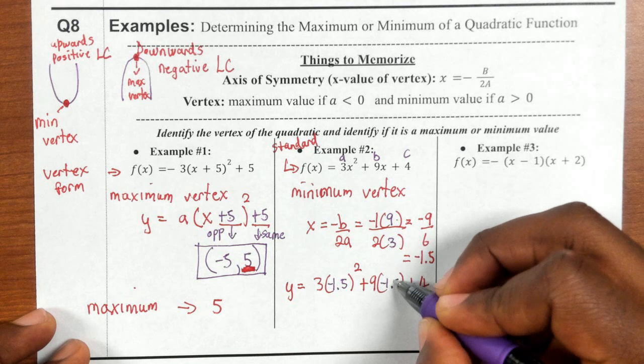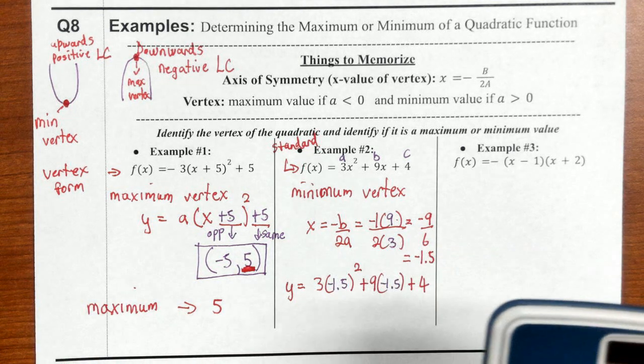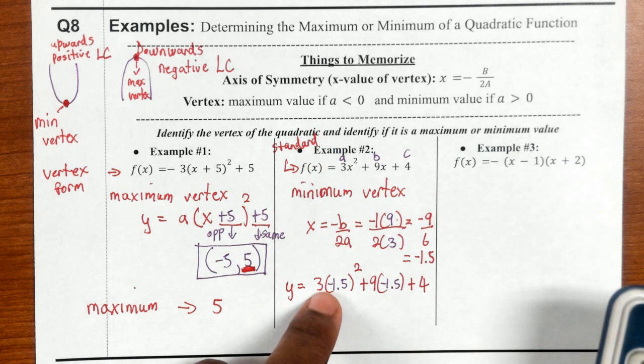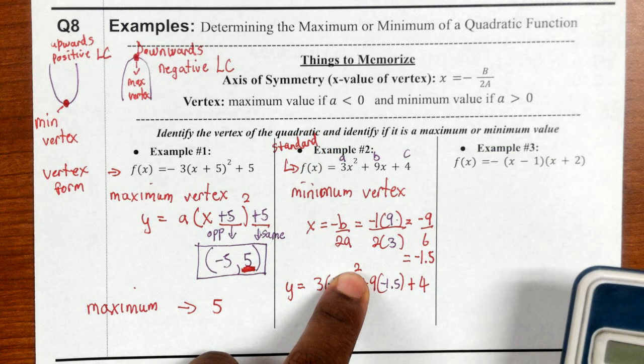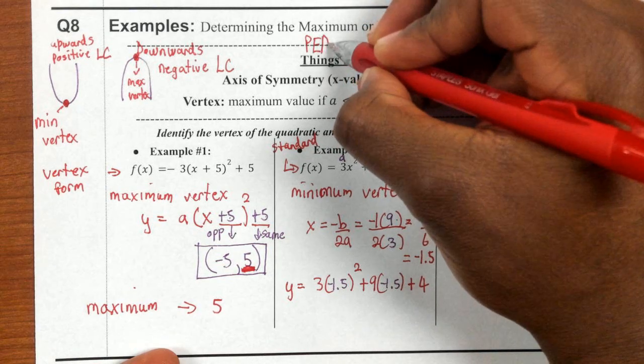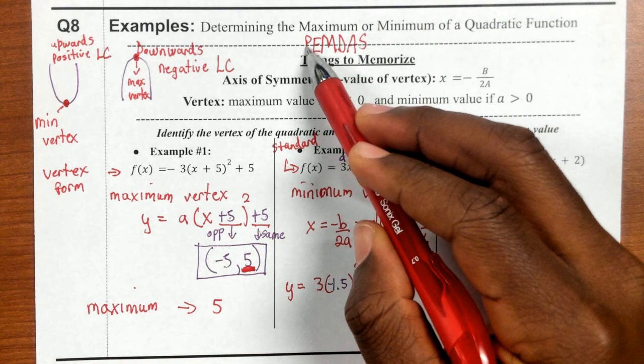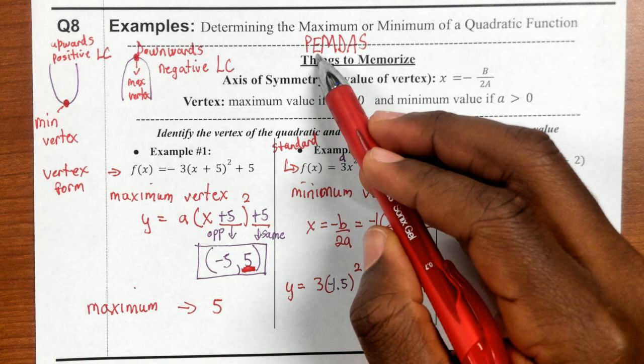Now I'm going to calculate, guys. You can put all this in your calculator, but I'm going to use my small calculator to do the same thing. I would do negative 1.5 squared first, because in order of PEMDAS, parentheses comes first and then exponents.